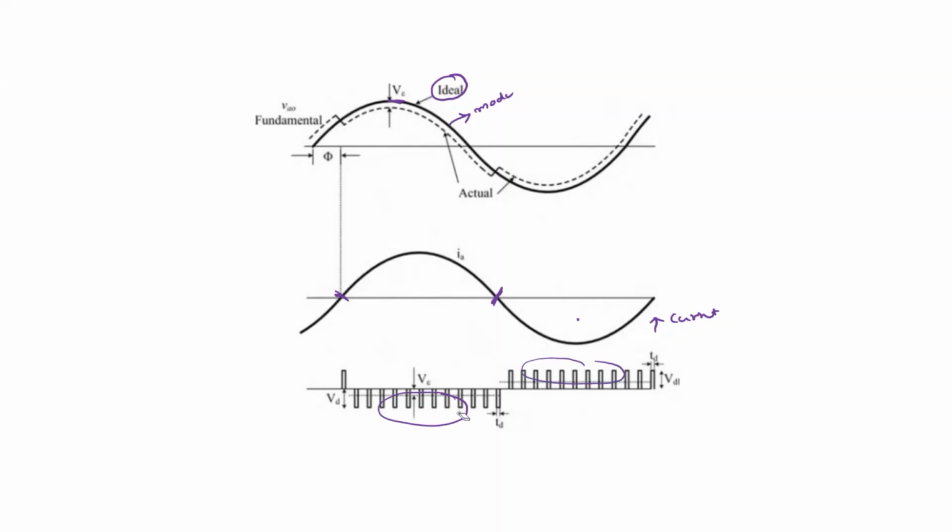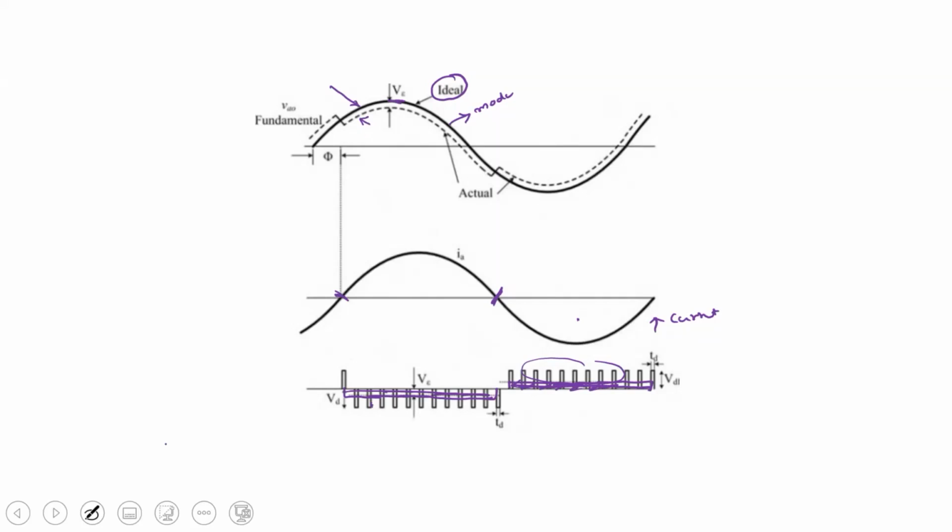So you can average this into something like this, and this average is something like this, right? Due to this, there is a loss here. This is supposed to be here, but the actual one is slightly reduced.